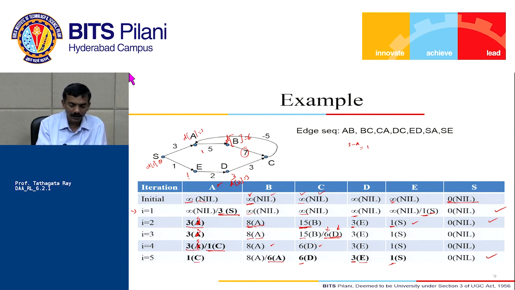The parent of A is C, so I reach A via C. How do I reach C? C is reached via D.